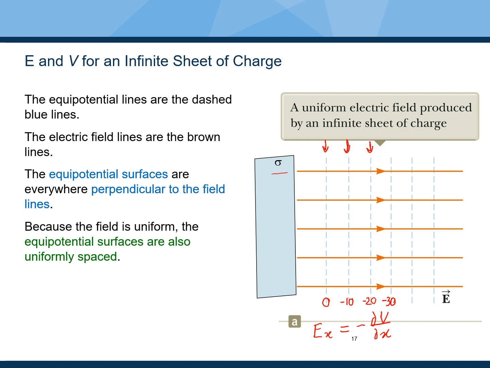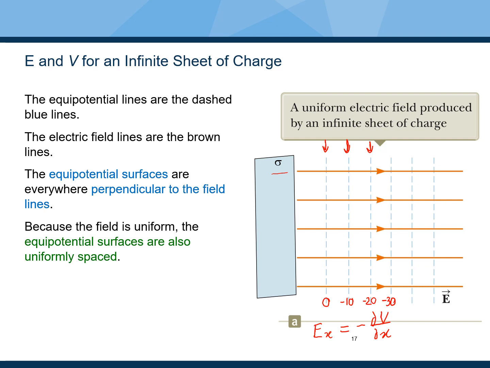But what I'm trying to convey to you is that you have constant amounts of decrement in the electric potential as you move constant amounts of displacement in the positive x direction in this figure. So this actually gives you the correct insight associated with the equipotential surfaces associated with the electric field that is produced by a sheet of charge.